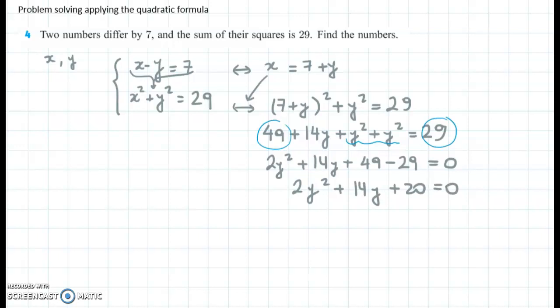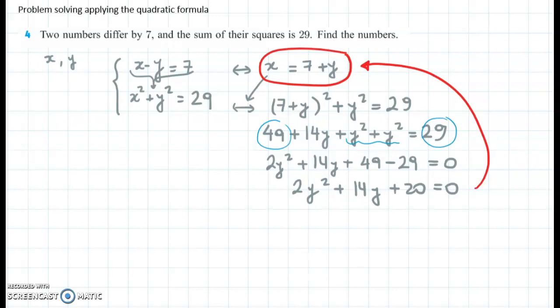So now we do have a quadratic equation in y, and we are going to solve it. And after we solve it, we still have to remember that we have a way of finding what x is once we know y. So once this is solved, we're going to go back over here to find the value of x. So let's go ahead and solve the quadratic equation.